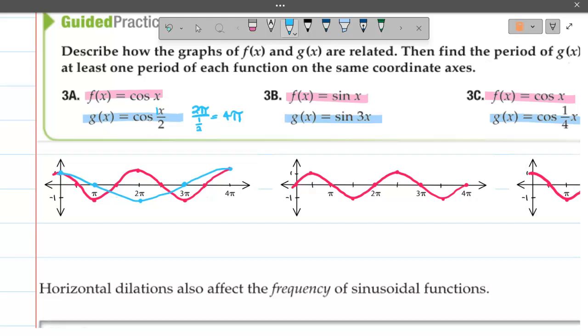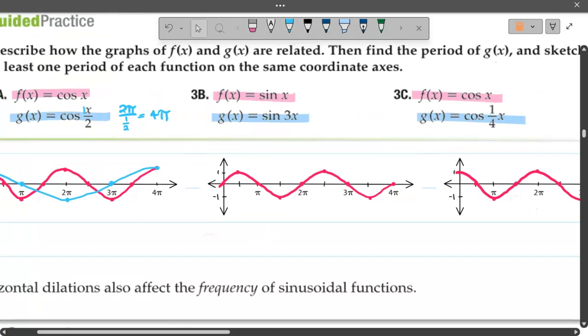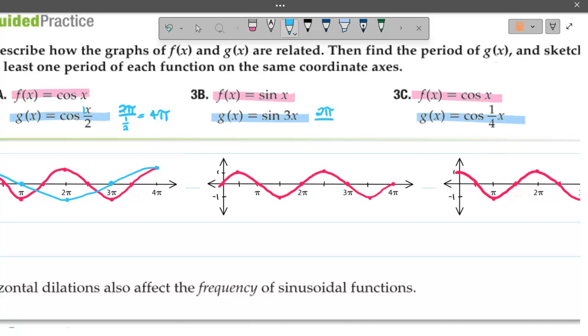You could also actually plug these values in and see what you're getting, because we know some of these numbers from our unit circle. That's another way to do it. Right here, I'm going to take my 2 pi and I'm going to divide by the absolute value of 3.